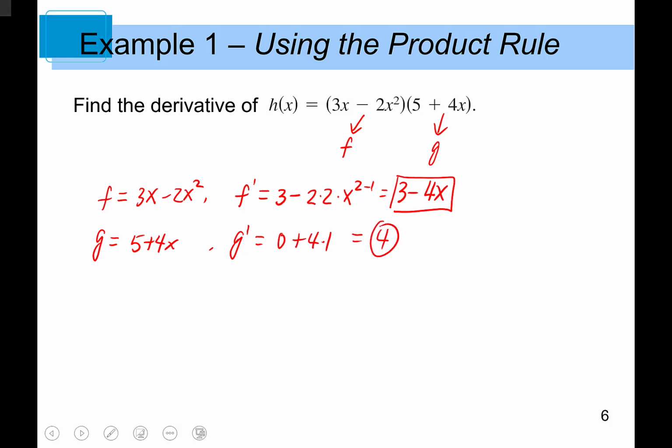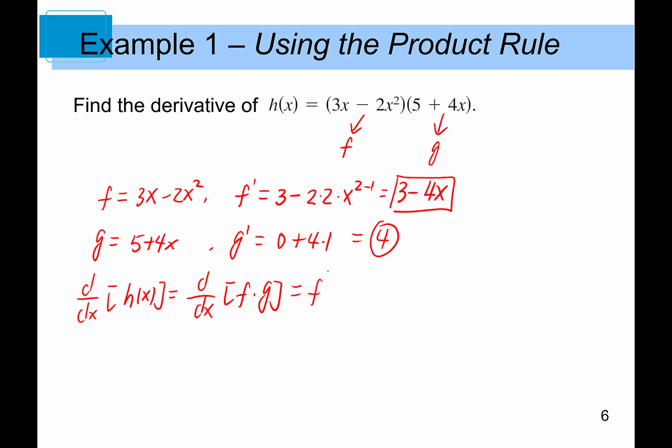Now we can just apply the derivative of h of x, which is the same thing as the derivative of f times g. So it's f prime times g plus f times g prime.